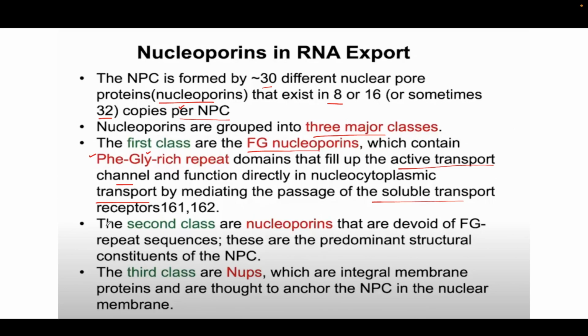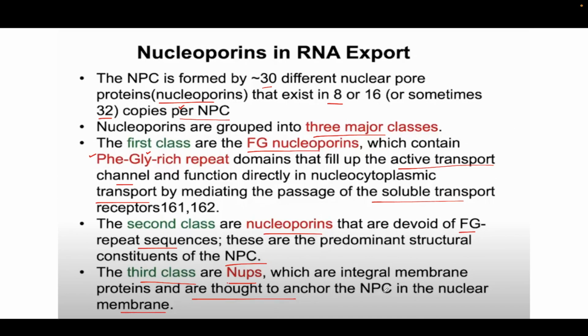Understood this much? The second class are nucleoporins that are devoid of Fg repeat sequences. Those do not have Fg repeat sequences. These are the predominant structural constituents of NPC. Fine. Next, the third class are NUPs, which are integral membrane proteins and are thought to anchor the NPC in the nuclear membrane.